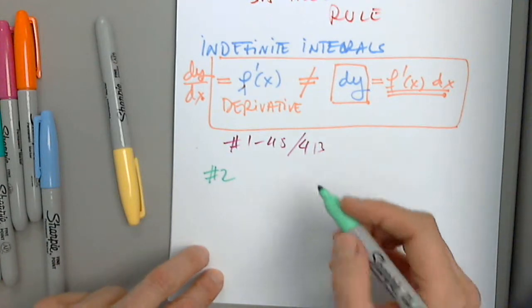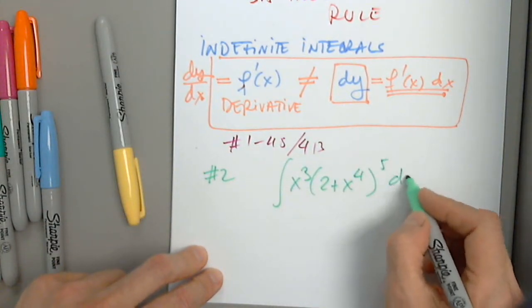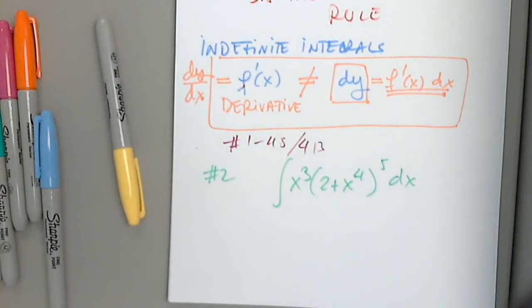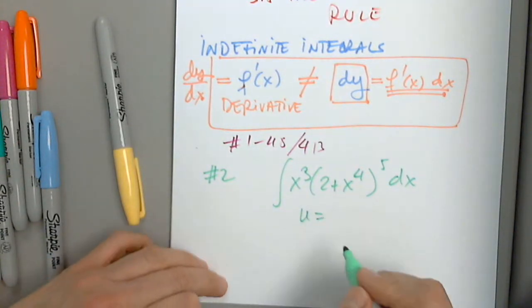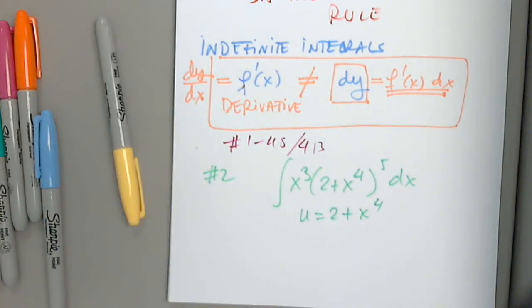Okay, number 2, we're given x cubed times (2 plus x to the 4th) to the 5th power, times dx. This is a very unique and very simple situation. We are given the substitution. We will not be given the substitution later. So that's a very good starting point.